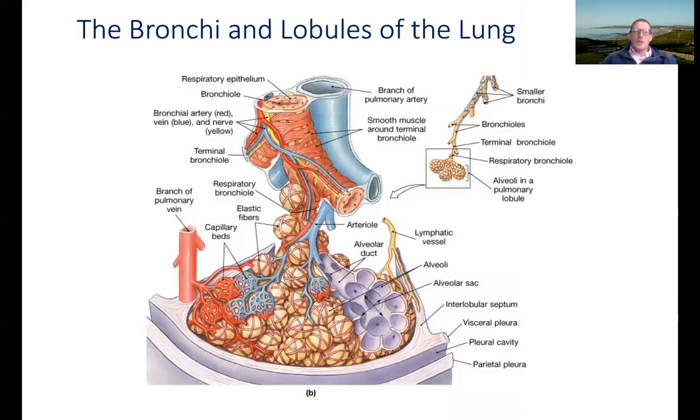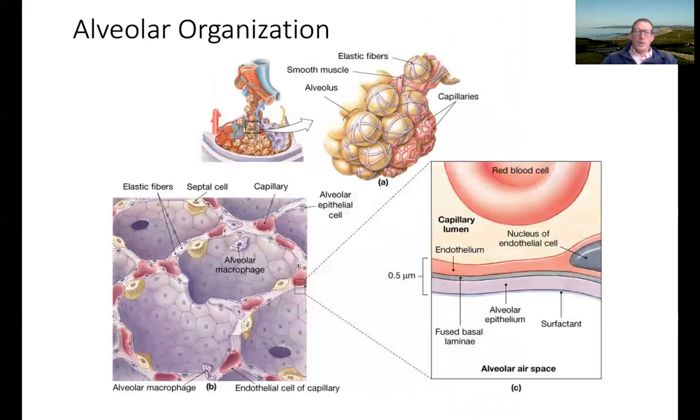This figure just shows you the bronchi and lobules of the lung and illustrates quite nicely how the bronchial tree is invaginated into the lung. If we look at this in more detail, particularly the caption on the lower right, this shows the common basement membrane which abuts onto the alveolar epithelium and the endothelium of the pulmonary capillary.